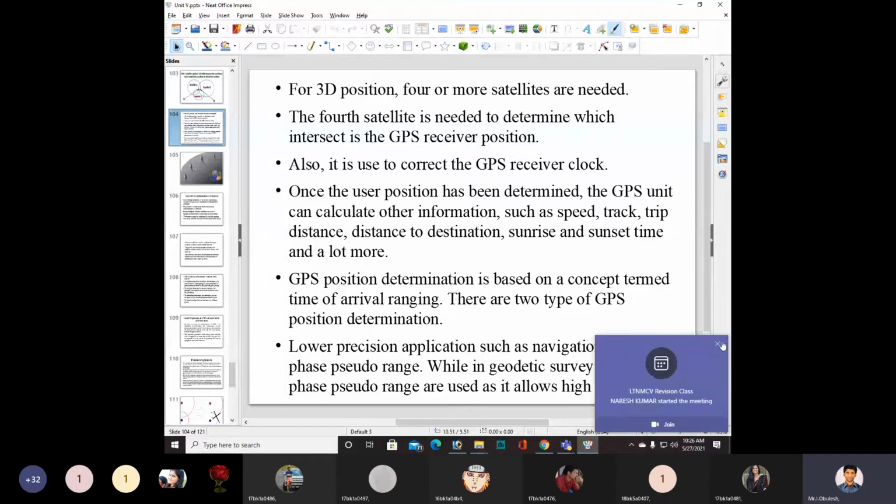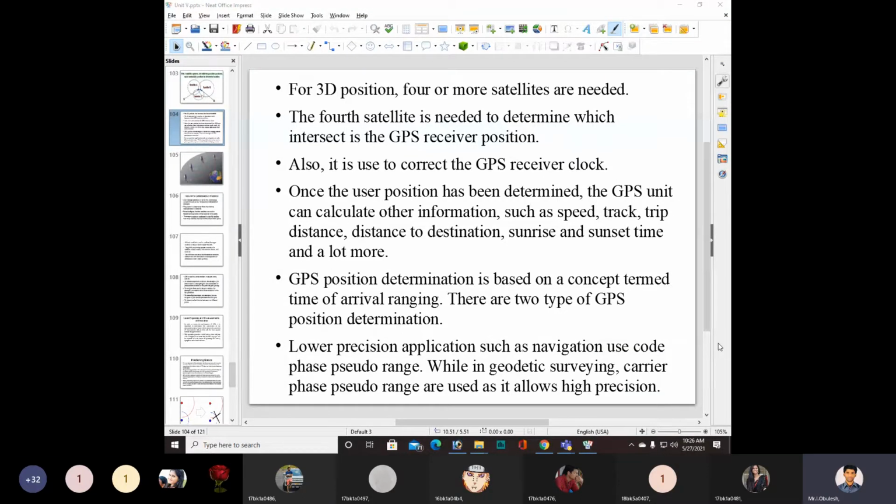The fourth satellite is needed to determine which intersect is the GPS receiver position.